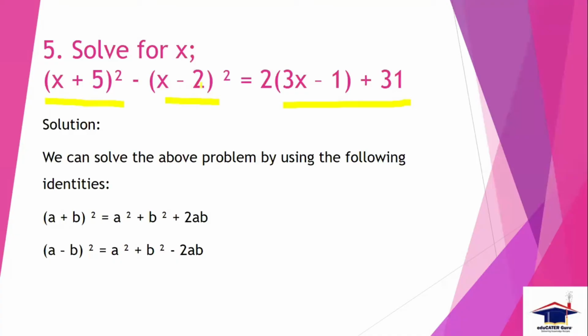Similarly, x minus 2 whole square is similar to a minus b whole square is equal to a square plus b square minus 2ab. So we can apply these two formulas for x plus 5 whole square and x minus 2 whole square and see what is the value.